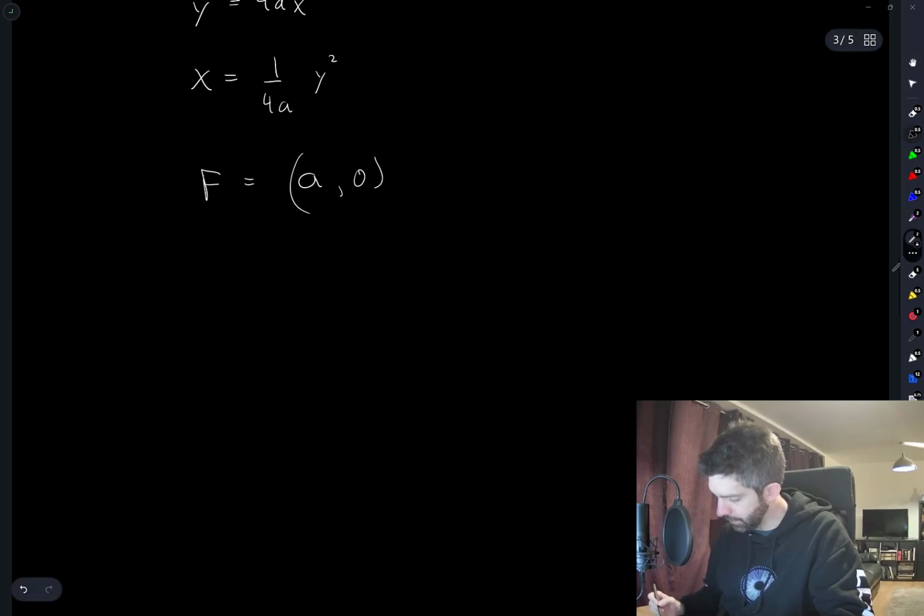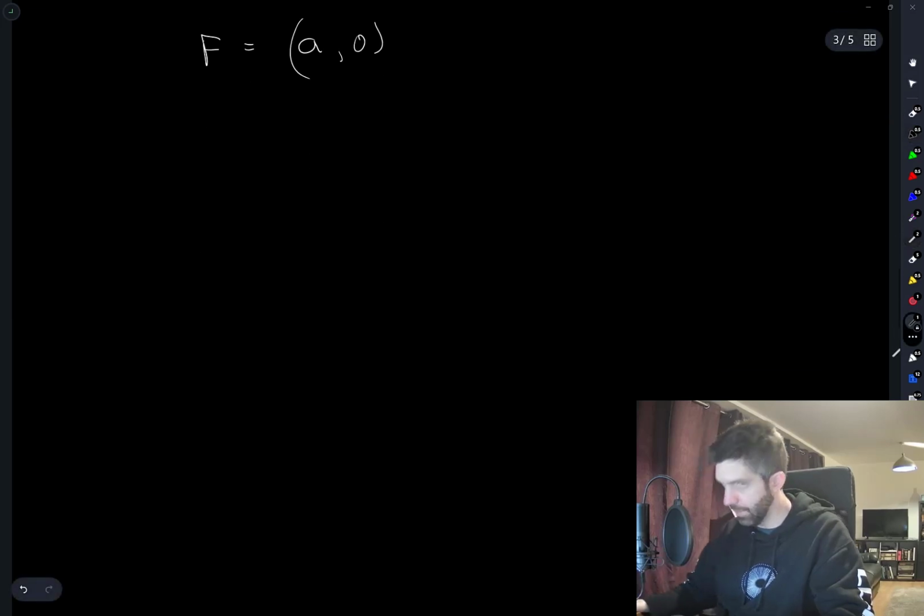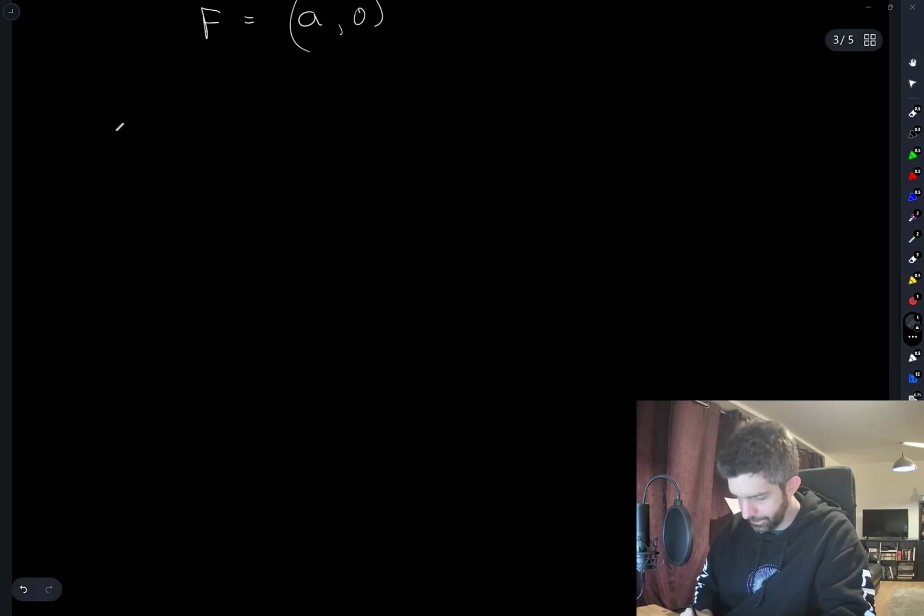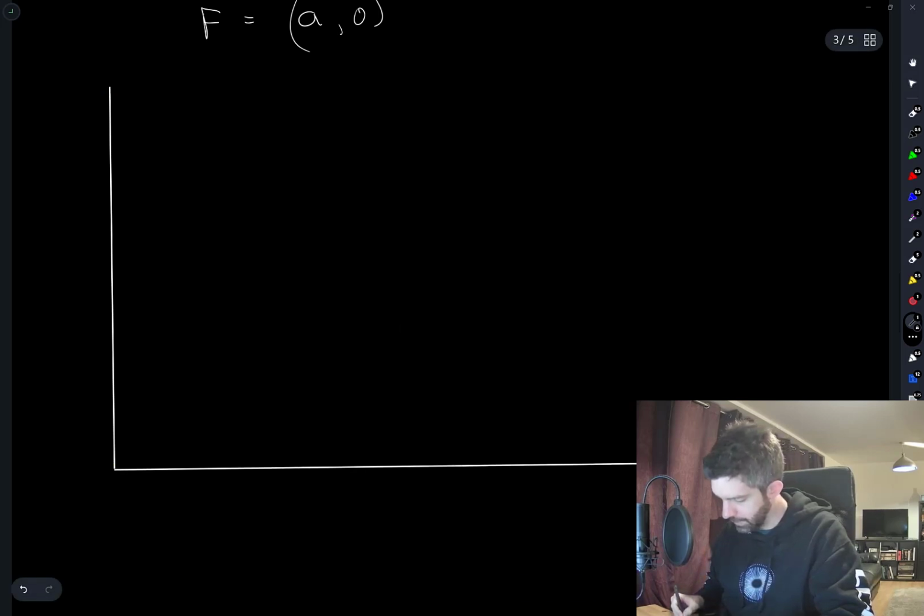Okay. So now I can draw my diagram again. I'm just going to draw the positive part of the parabola. That's all we need.